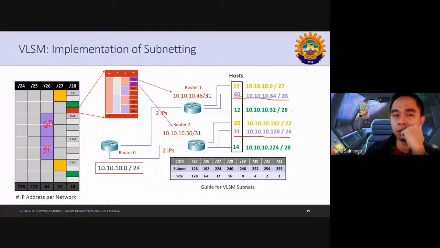So one block is 32, and you could use this for your 23 hosts. At the same time, since you're going to use slash 27, on the other part you could still adopt this value. So you have 20 hosts for this, you have 20, and you have this one.